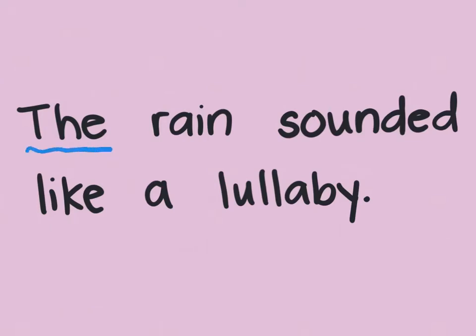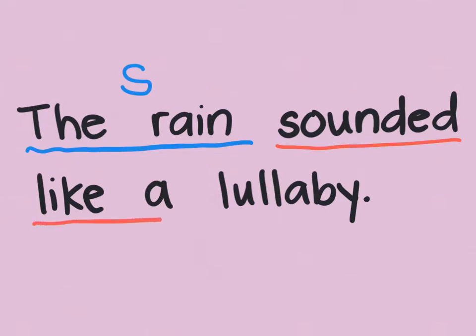The rain is our subject this time. And what's the rain doing? It sounded like a lullaby. That is our predicate. So we have a full, complete sentence with our subject, predicate, and our end punctuation.